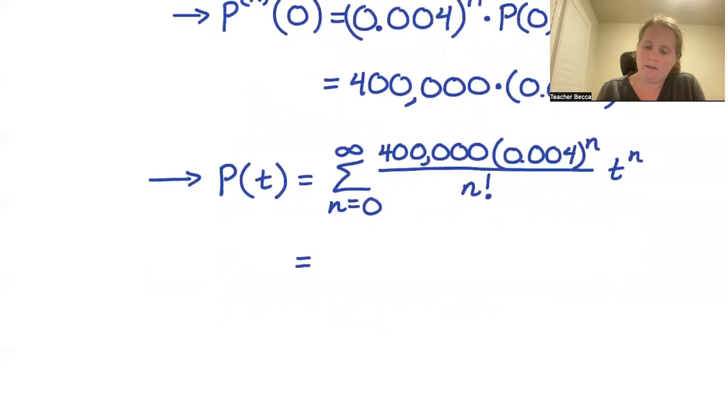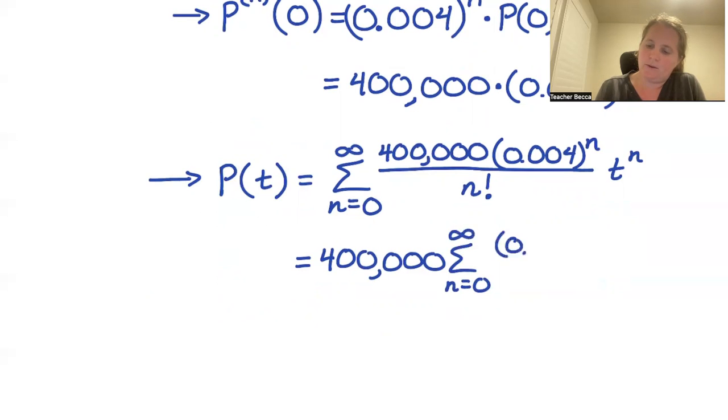And we had rewritten this as 400,000 times the sum from n equals 0 to infinity of 0.004 raised to the n over n factorial times t to the n.